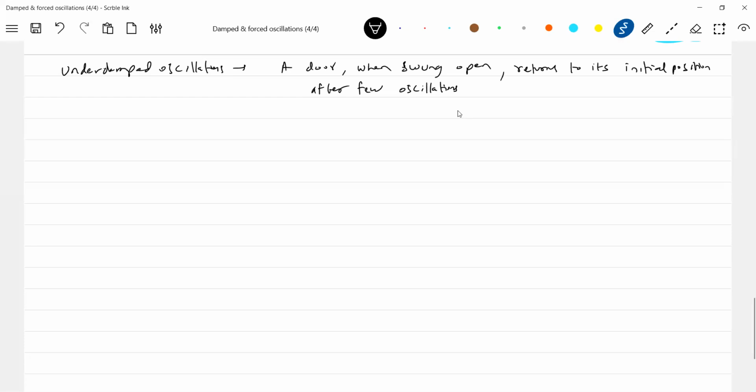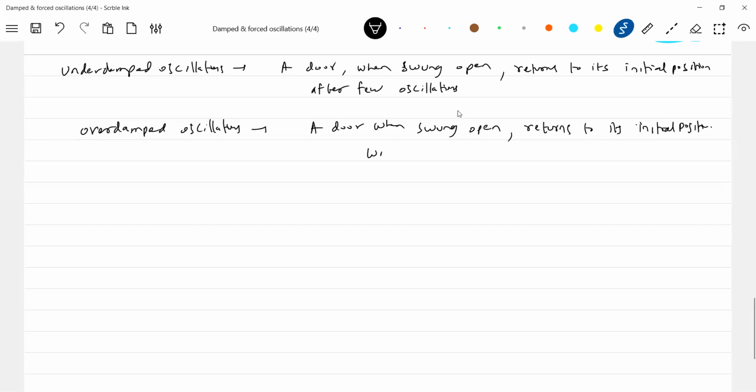This is an example of underdamped. And it's critically damped, a door.